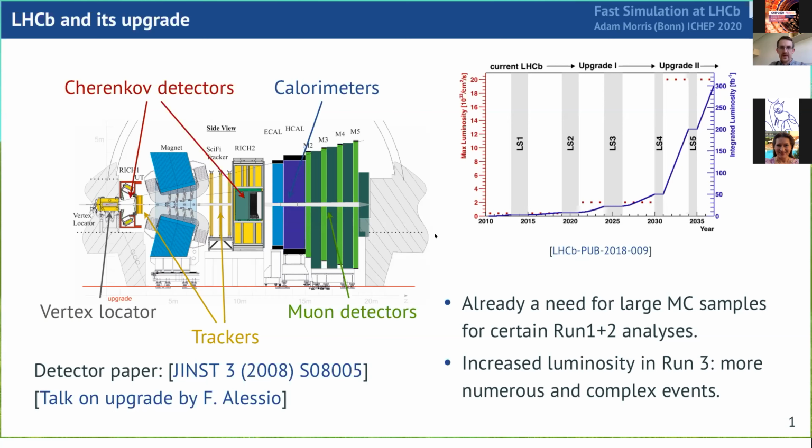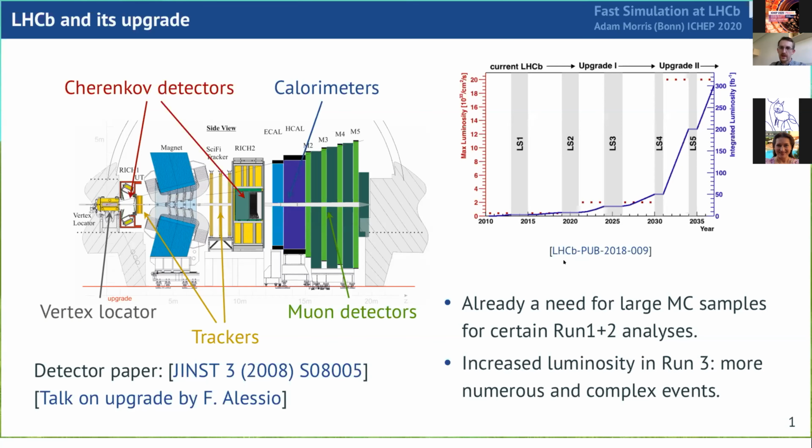So for the context of fast simulation, we've already seen in run 1 and run 2 that some analyses, particularly things like semi-leptonic analyses, which need large Monte Carlo samples for things like template fits, would be prohibitively expensive to simulate with full detailed simulation in terms of computing resources.